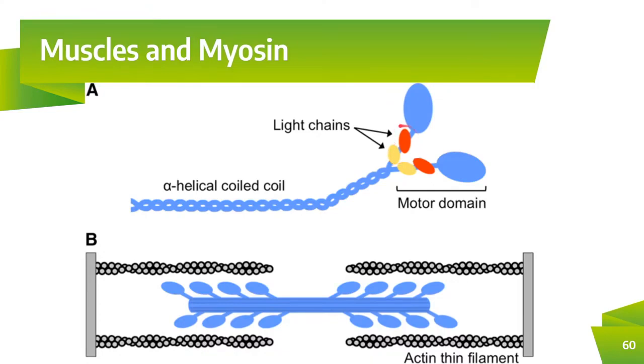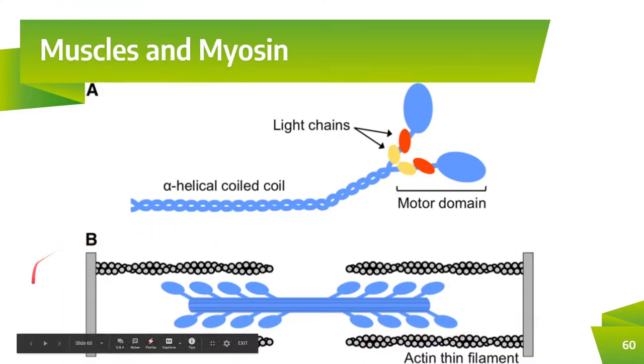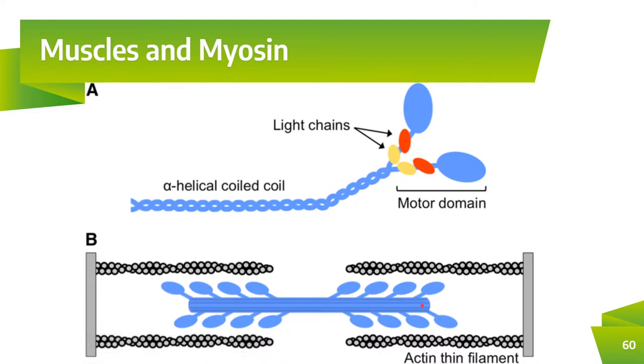Today we're going to basically be mainly interested in this motor domain. And here's what it would look like in the muscle. So basically you have also many twisted strands of one myosin molecule, which form, I don't know, it looks a little bit like a twig or something, right? So with many different motor domains sticking out on the side of it.